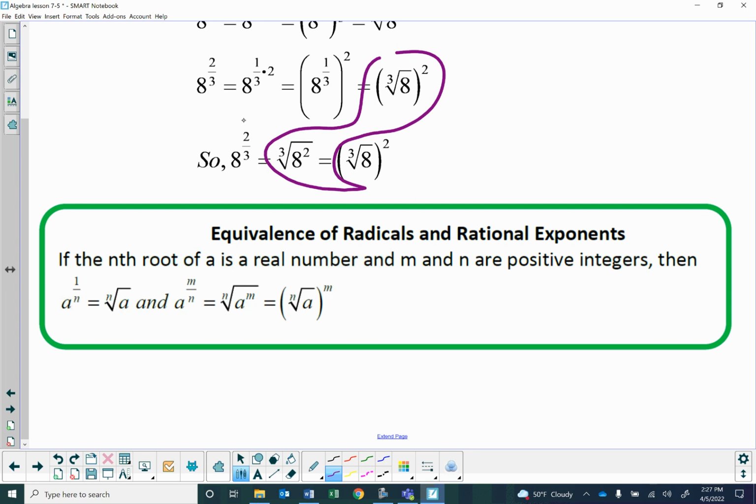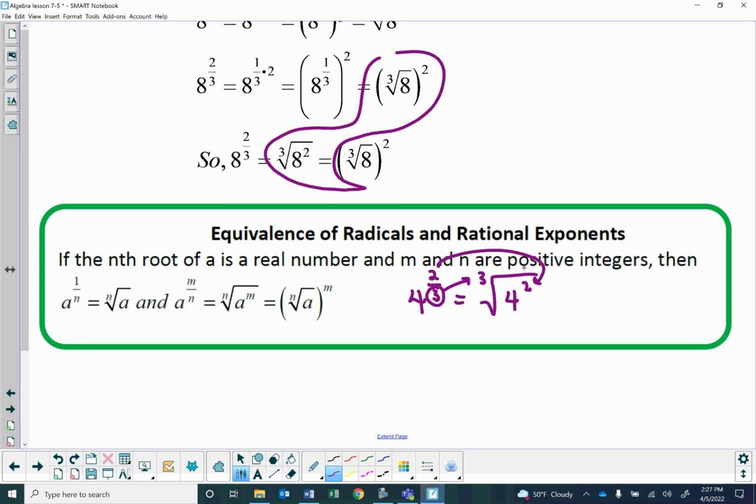So if the nth root of a is a real number and m and n are positive integers, then a to the 1 over n becomes the nth root of a, and a to the m over n becomes the nth root of a to the m. Which means if I had 4 to the 2/3 power, that's the same thing as saying the cube root of 4 squared. This becomes the index number, this becomes the exponent. That's what it's saying. Don't let it get you all confused with all the extra words that they put in there.